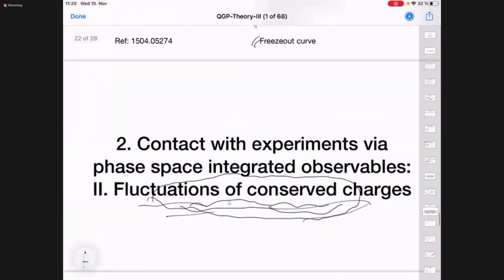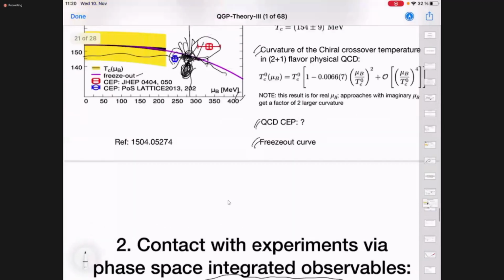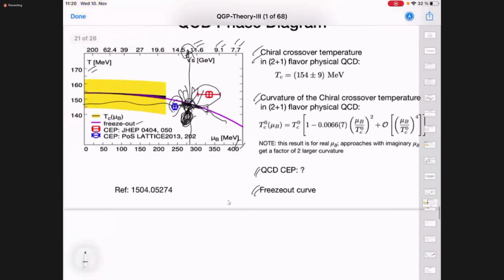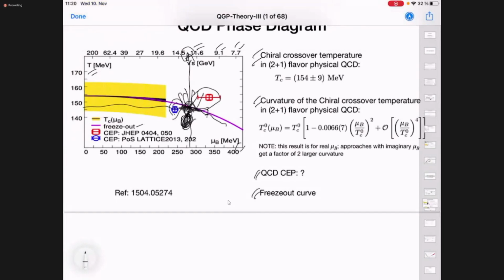But very soon, people also understood that it is important to also establish something. Because you want to search for the critical point, you want to understand deviation from thermal behavior, right? But then one thing we know for sure is that the entire phase diagram is not critical.